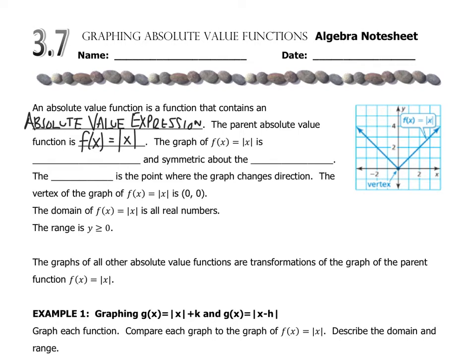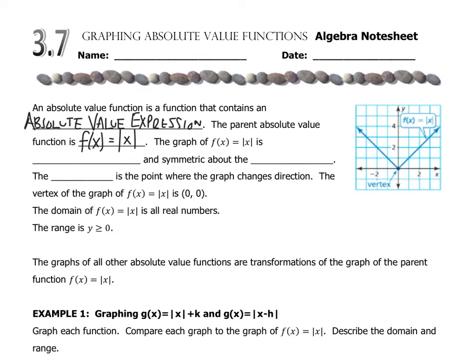So an absolute value function is a function that contains an absolute value expression. Hopefully that makes some sense. The parent function. So the parent absolute value function is f of x equals the absolute value of x. So what's a parent function? Well, a parent function is basically the most basic of the functions that are like that. So we call it a parent function.